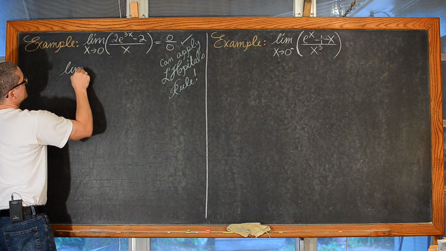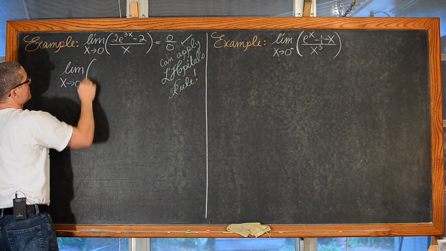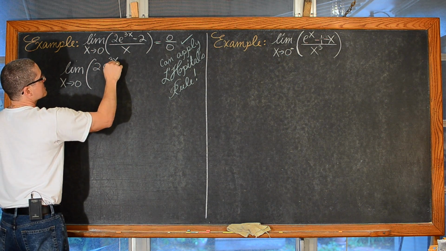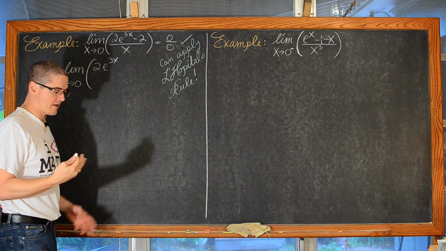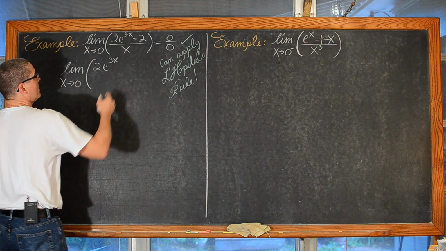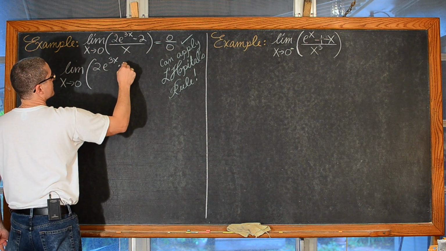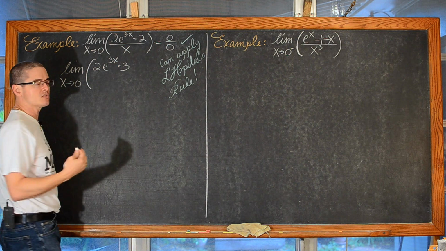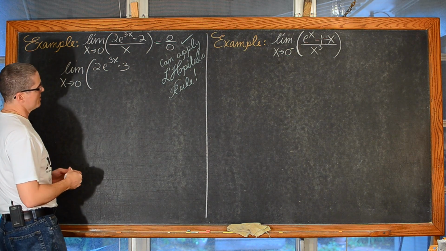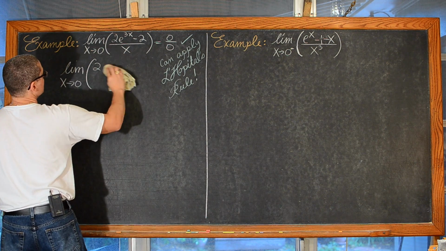So we have the limit as x approaches 0 of 2 times e to the 3x. Now that's not just a simple x, so the derivative of e to the u is e to the u times u prime. So then we're going to multiply by the derivative of 3x, which is just going to be 3. Again, this is all taking the derivative with respect to x, which maybe I should have written since this is the first example.